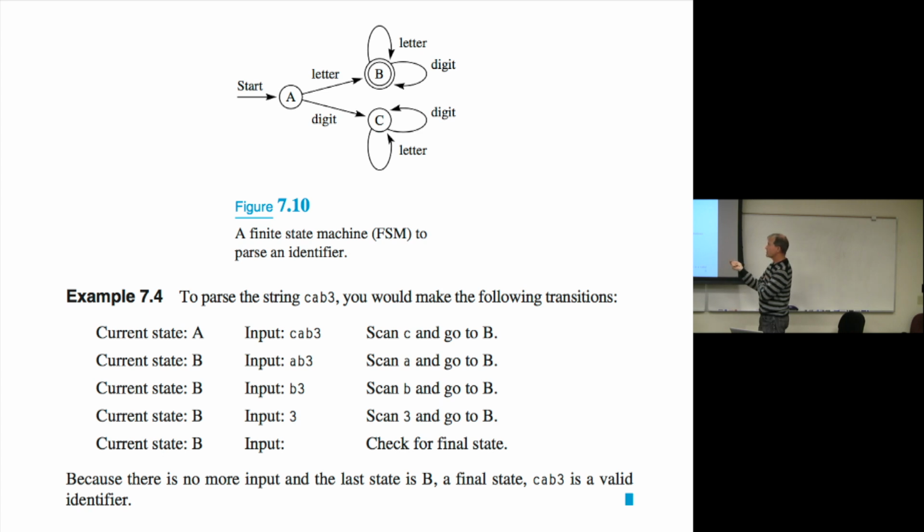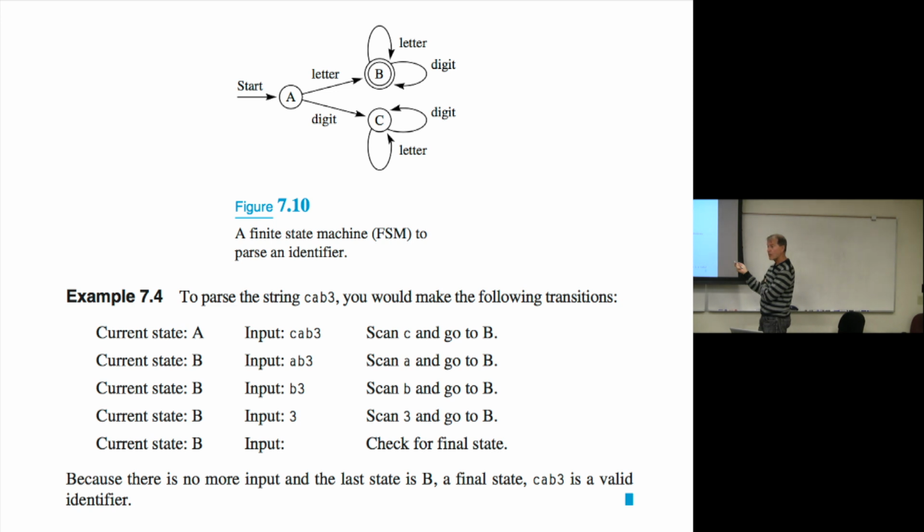By the way, this figure 7.10 is from a book that I wrote that you're going to be using in computer systems. But this is all on the slides online. Check it out. This is an example of a finite state machine. For those of you who know what a finite state machine is, why is this called a finite state machine?